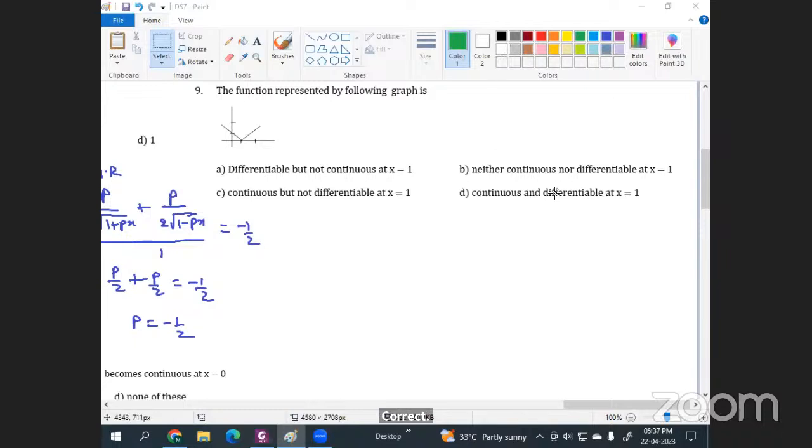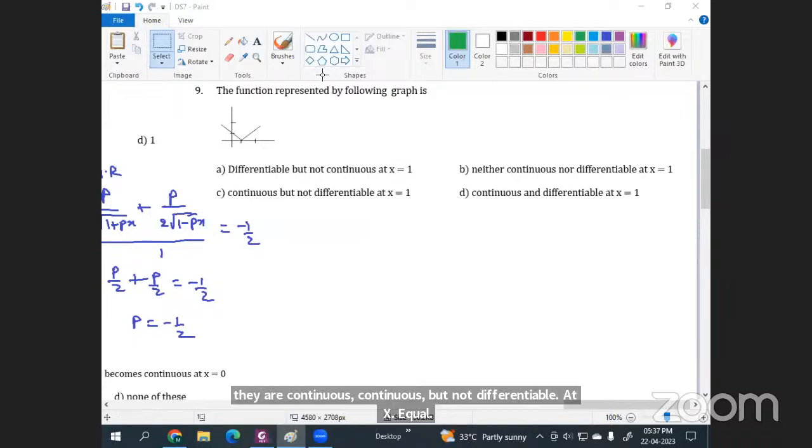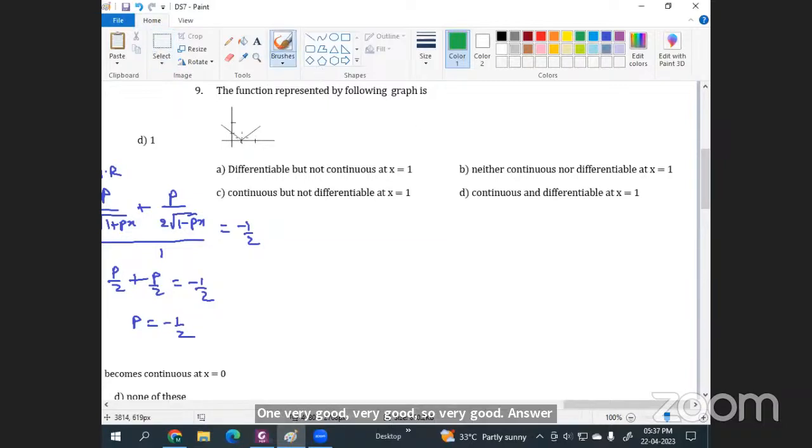So it is continuous but not differentiable at x equal to 1. Very good answer from all of you, because this place is the sharp point at x equal to 1. So the third option is correct. Most of them have given the third option.